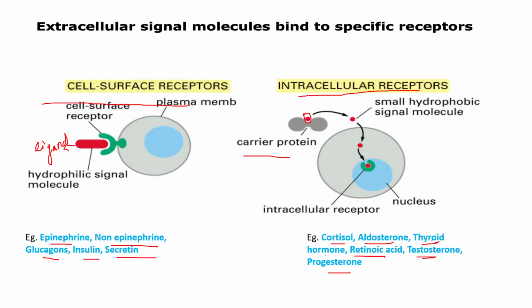Here you can see that most of these ligands are lipids, meaning they have lipid content. That's why they bind to the intracellular or nuclear receptor, because of their lipid characteristic. Whereas these other types of ligand are hydrophilic in nature.